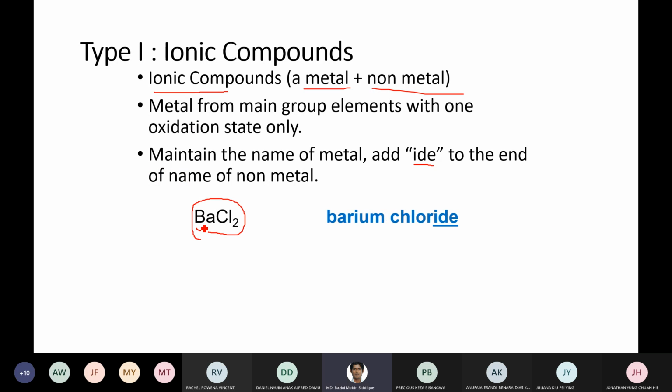So in BaCl2, barium can only produce one charge. Barium is an alkaline earth metal, and it always produces a 2+ charge, so it does not change the oxidation state, or there is no variation in oxidation state.